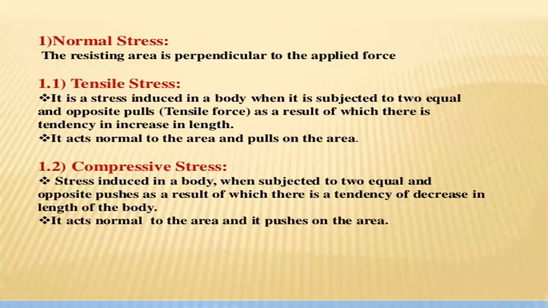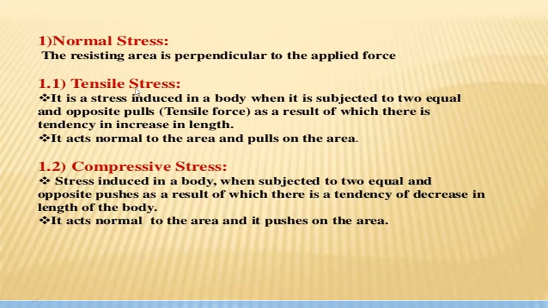Wherever we apply the stress, whether on a material, a component or any type of object, the applied force is perpendicular to that area. That's why it is called normal stress.